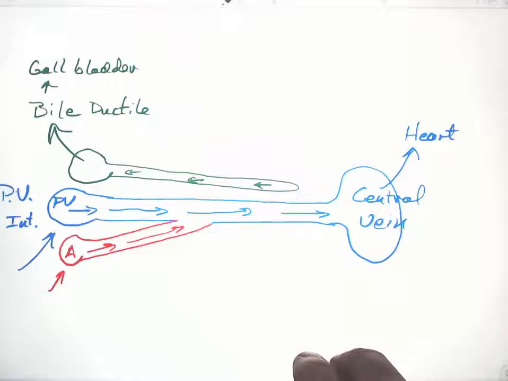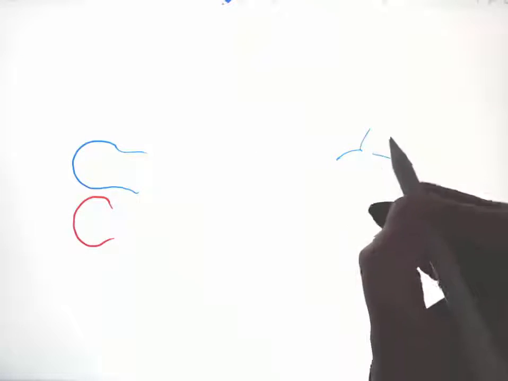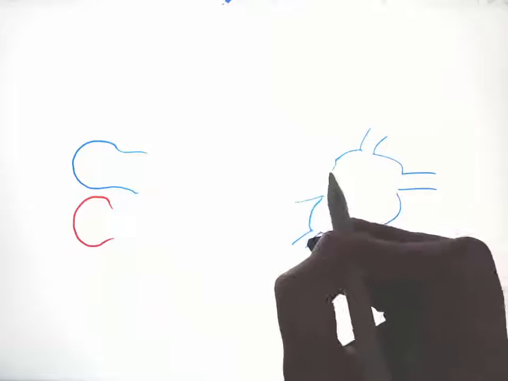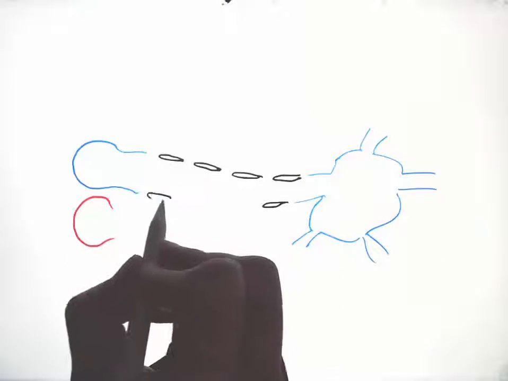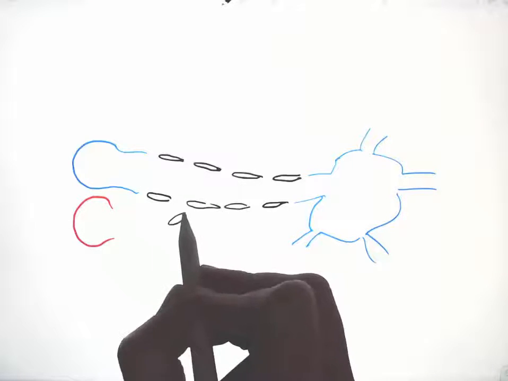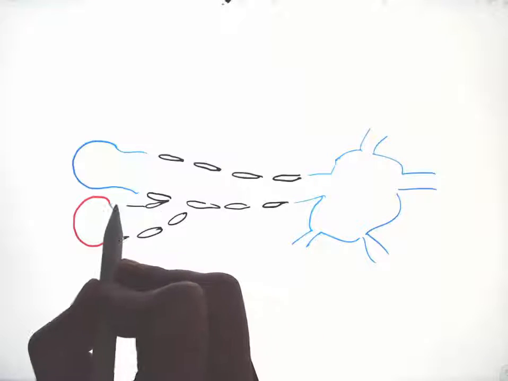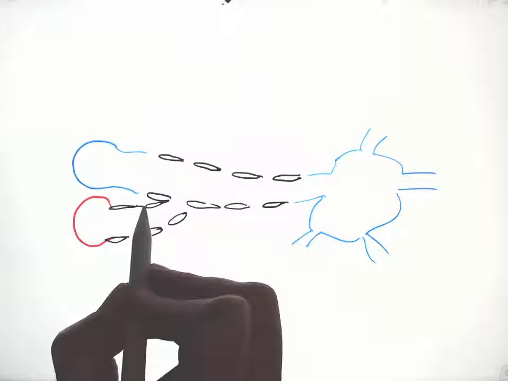Now we'll do a little bit more detailed sketch to talk more about the structure. The capillary endothelial cells are, as always, very thin, but in the liver they are unusual in how big the gaps are between them. In a typical cell, the gaps may be just a few nanometers.